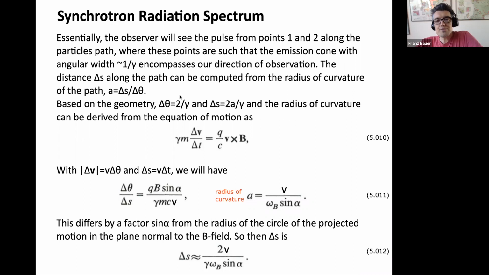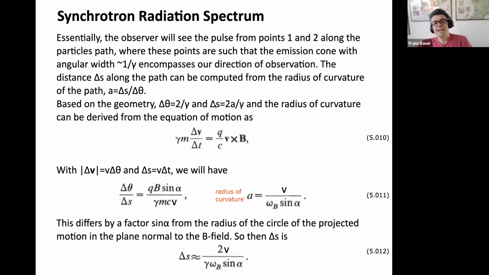Based on this geometry, delta theta is going to be equal to 2 divided by gamma. So we can plug this in, and say that this change in path length will be related to the radius of curvature times 2 divided by gamma.